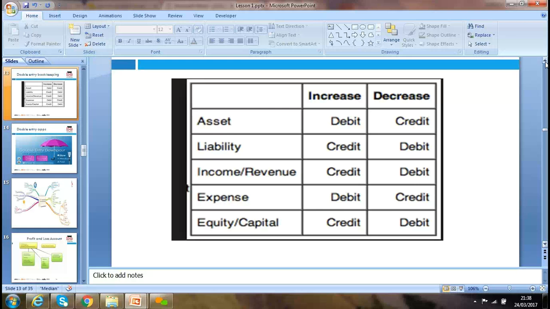Anything which we normally use within 1 year, we call current asset, like inventory, receivables, prepaid, advance payment for a year, like our cash itself. Those are called current assets. If assets are increasing, we call it debit. If assets are decreasing, we call it credit. Does it make sense?